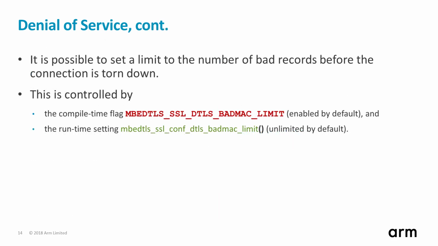It is possible to set a limit to the number of bad records received before the connection is torn down. There is a compile time directive, MBEDTLS_SSL_DTLS_BADMAC_LIMIT, and the API mbedtls_ssl_conf_dtls_badmac_limit allows you to set a limit in your application. Hence, you need to enable this feature via the compile time directive and then use the API command to make use of it.